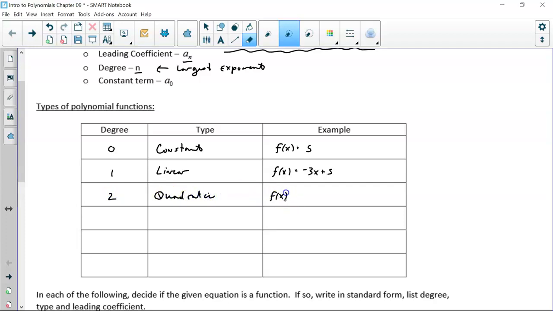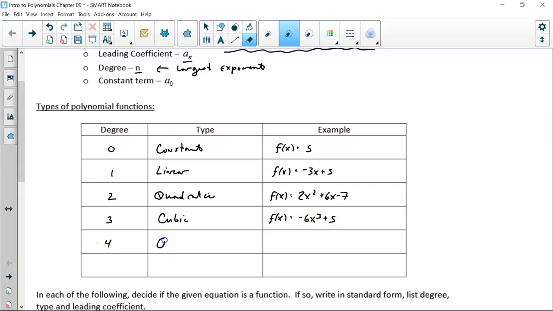f of x equals, now our largest exponent's 2, 2x squared plus 6x minus 7. Degree of 3 is a cubic polynomial. Negative 6x cubed plus 5.